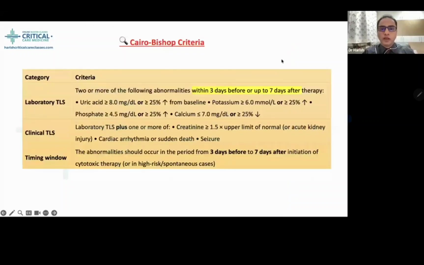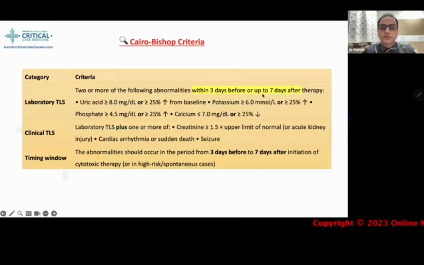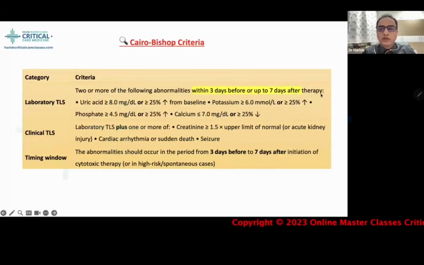Okay. So what is the diagnostic criteria? The famous Cairo-Bishop criteria. Here, two or more of the following abnormalities within 3 days before or up to 7 days after the therapy.